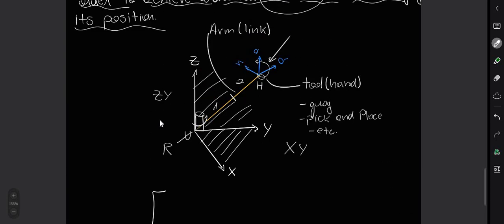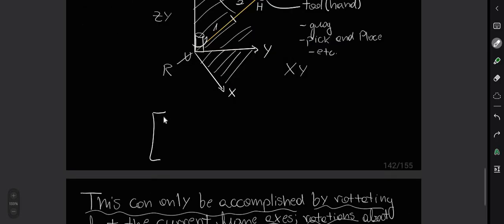What system is this? I drew a cylinder right here, but let's just make it easy. Let's say it is a coordinate system, a reference frame, the unknown reference frame XYZ, and we can represent this.